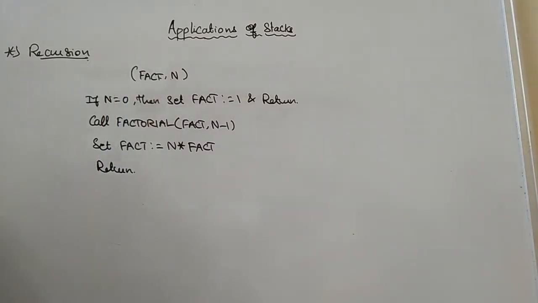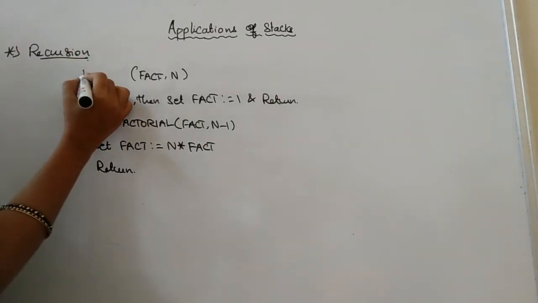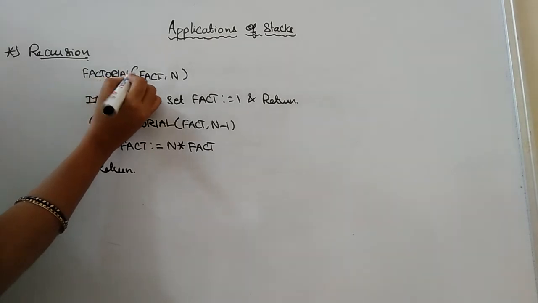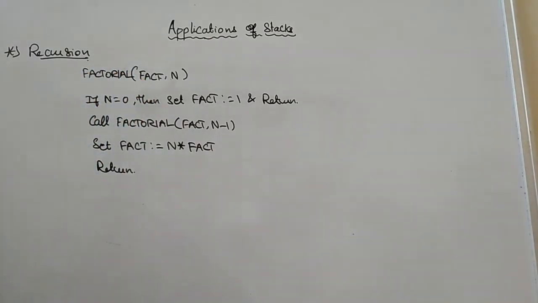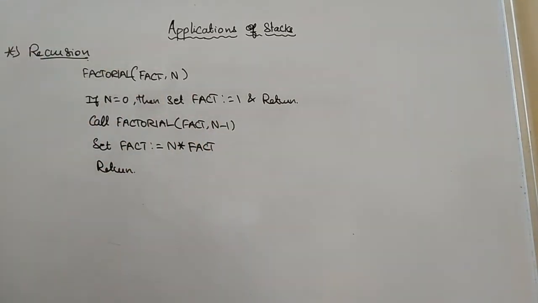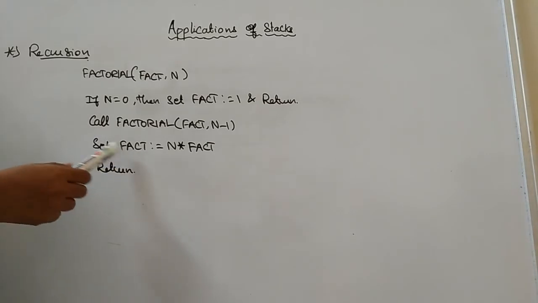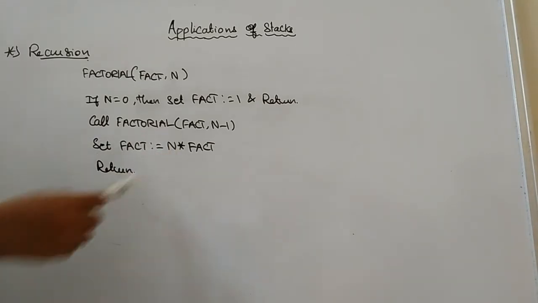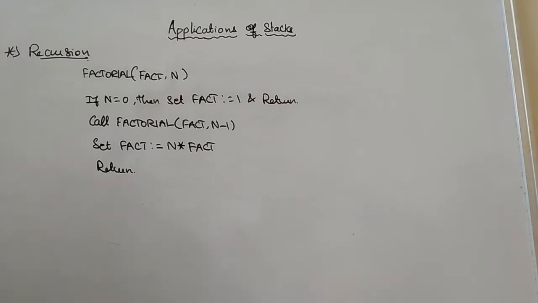I had written it in lower case, that's why I am changing it. So call factorial of fact comma n minus 1. Then I have written the statement fact := n into fact.